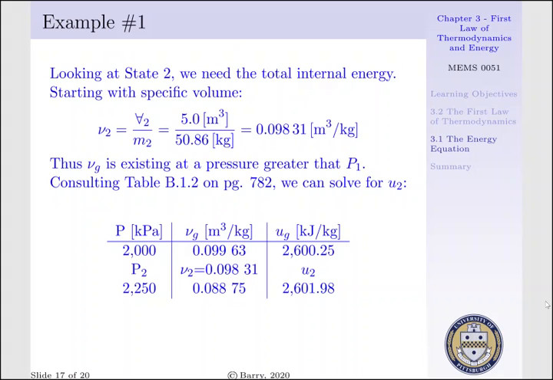Now, we're interested in solving our saturated vapor specific internal energy, i.e., u2. Thus, we are going to interpolate between our saturated vapor specific volume and our saturated vapor specific internal energy to solve for u2.